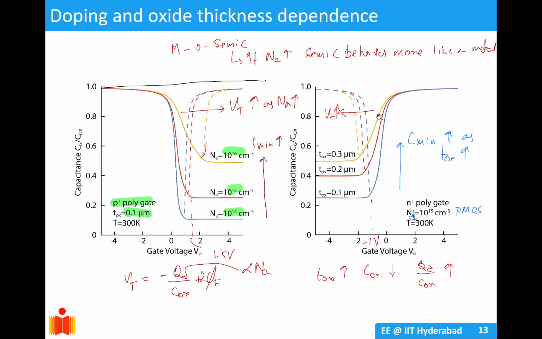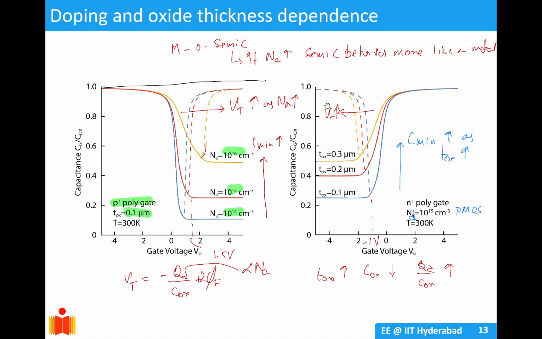Here also you can see the VT is shifting towards the left, but the difference is increasing. So it's shifting towards the left because this is a PMOS. If it was an NMOS, it would be shifting towards the right.